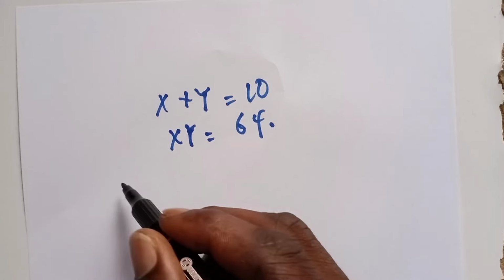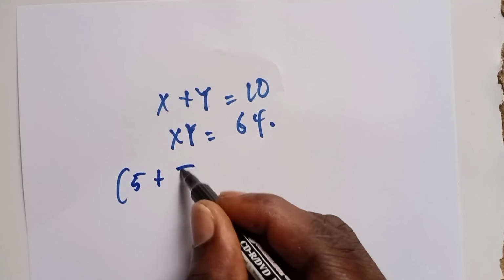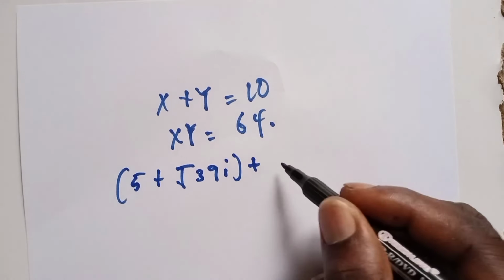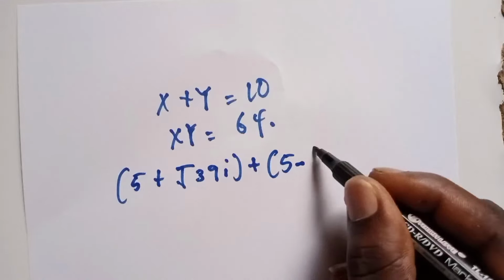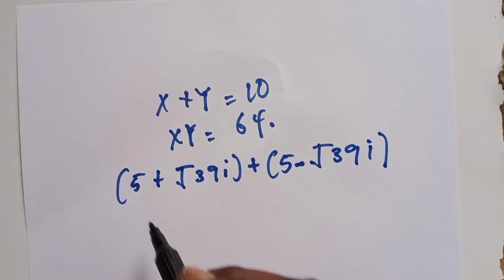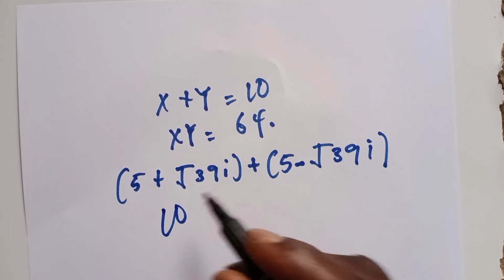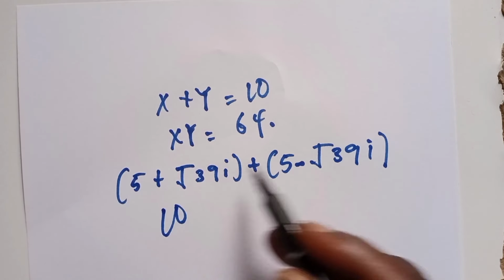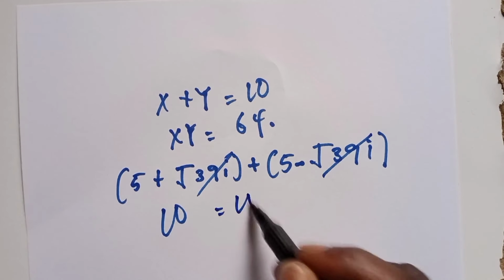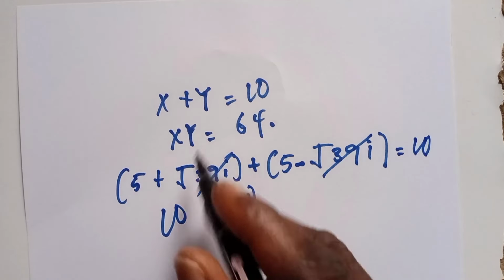We have that x is 5 plus root 39 i, plus y, which is 5 minus root 39 i. If I open this up, I have 5 plus 5 is 10, and root 39 i minus root 39 i cancels out, so we are left with 10, and 10 is equal to 10. So this proves that it's correct.